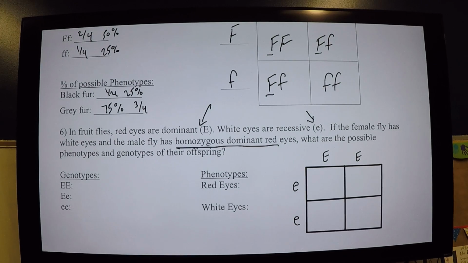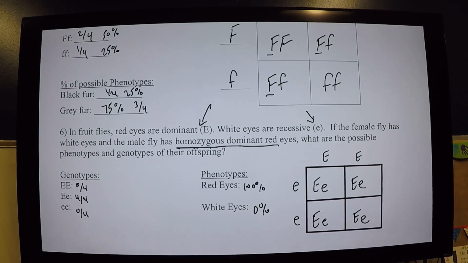So then if we cross the two, you just bring down and over again, and they're all going to be the same, heterozygous. And so you get 100% that are heterozygous, so 0 out of 4, 4 out of 4, 0, and then your red eyes would be 100% as well, and 0%.